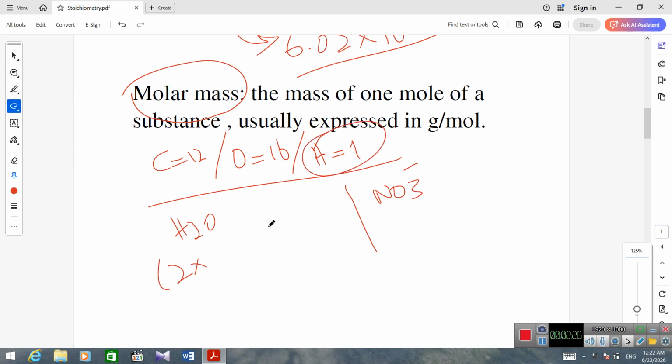Hydrogen is 1 gram per mole, and we have 1 oxygen, which means the molecular weight of water is 18 grams per mole.